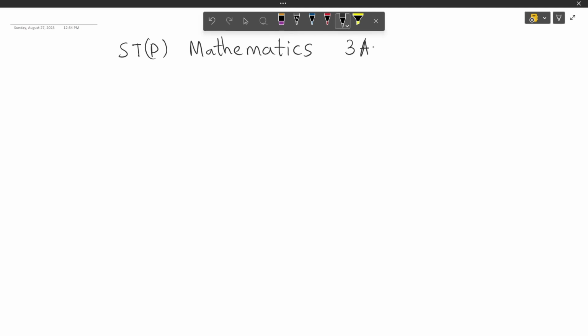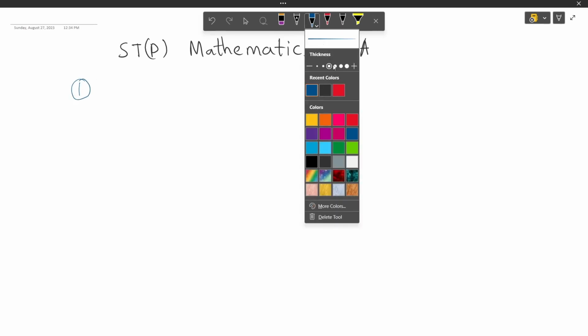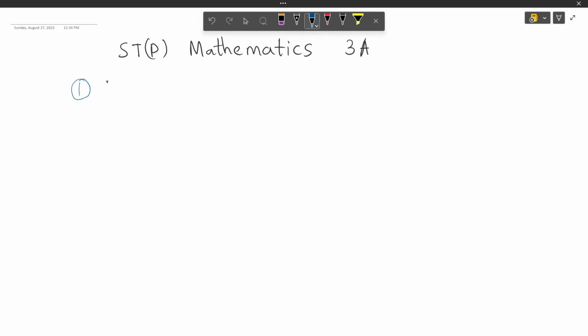The first lesson is making sure of arithmetic. Let me write the topic. Making sure of arithmetic.